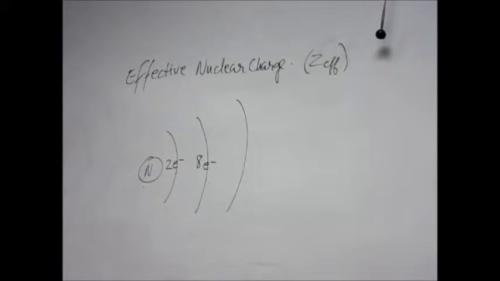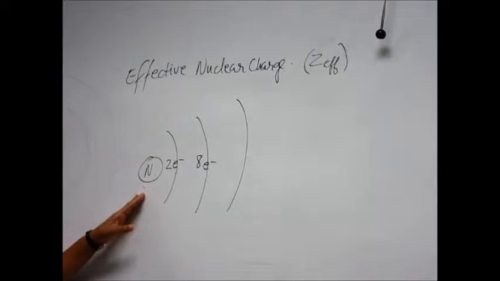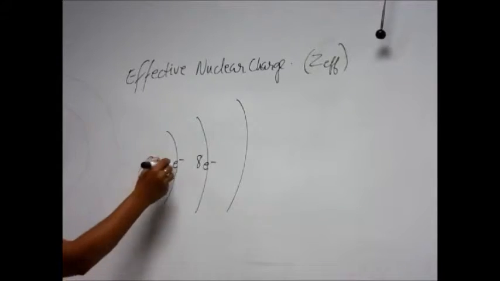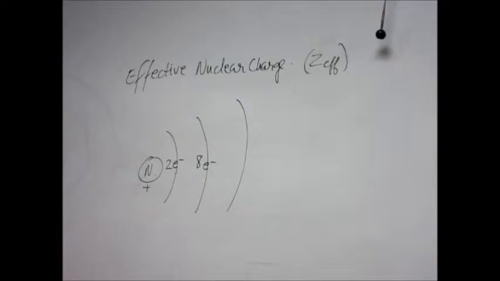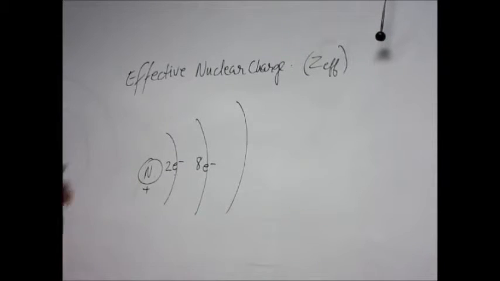Why? Because the nucleus has the protons. And so if you have positive here and negative here, it is going to have some attraction. So that is called the effective nuclear charge, that pull that the nucleus has for the electrons. Remember I was telling you before that these electrons are just on a path.